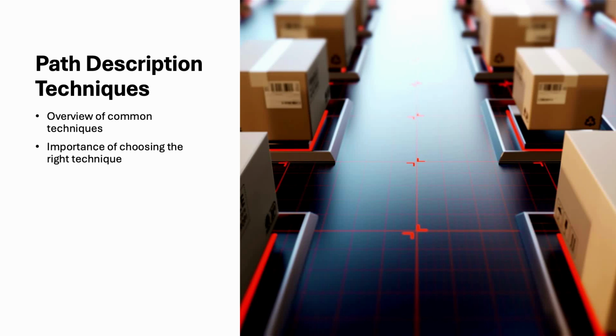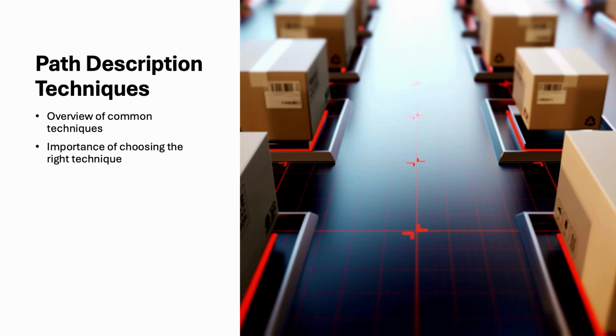Graph-based methods, such as those using visibility graphs or Voronoi diagrams, represent the environment as a network of nodes and edges, enabling the robot to find optimal paths through complex spaces. Potential field methods use artificial potential fields to guide the robot along the path, where the robot is attracted to the goal and repelled by obstacles.